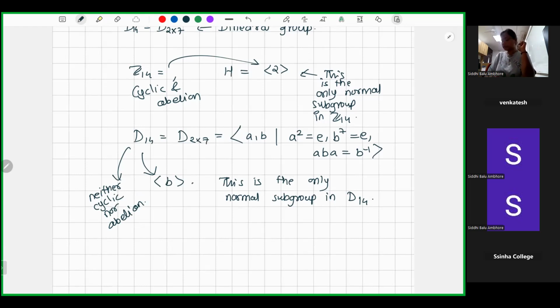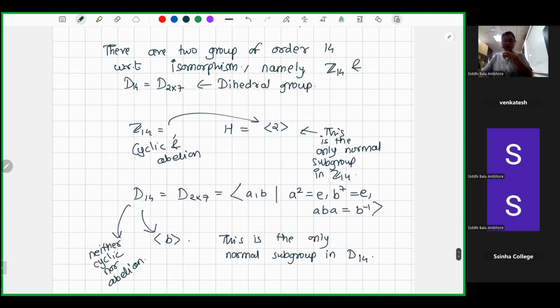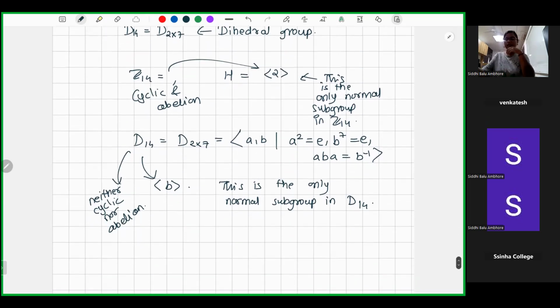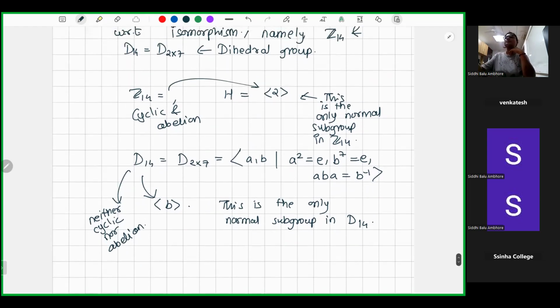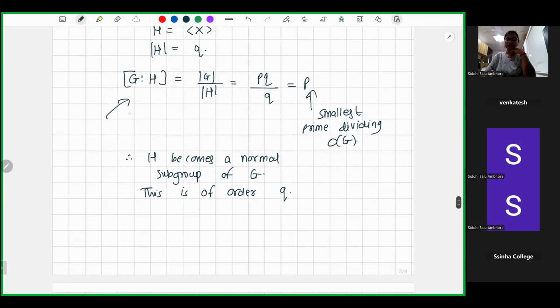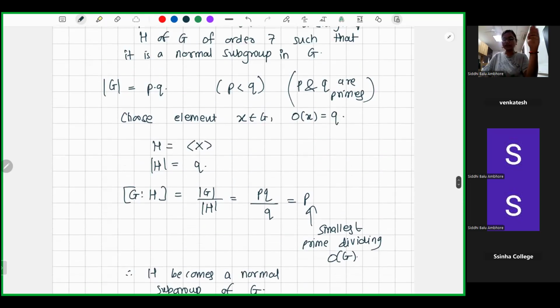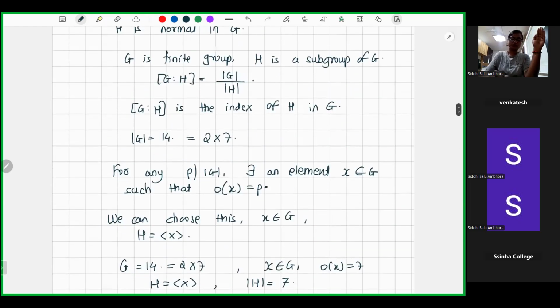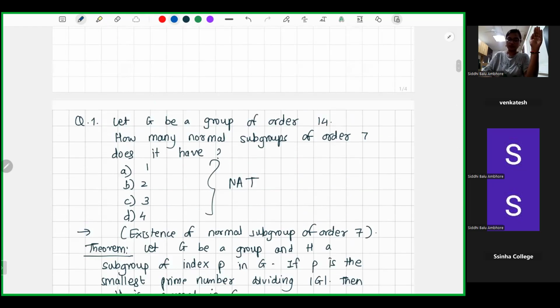So we have these two groups of order 14, and both of them have only one subgroup of order 7, and both are normal, again using this theorem. So that's why there is only one possibility of a normal subgroup of order 7. So this is the only correct option.